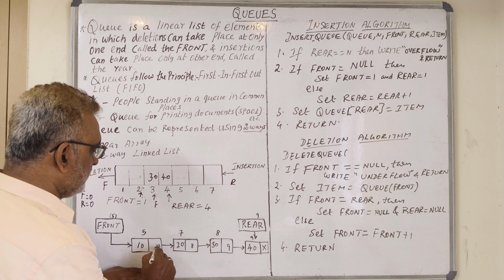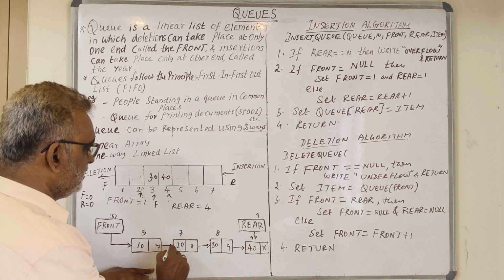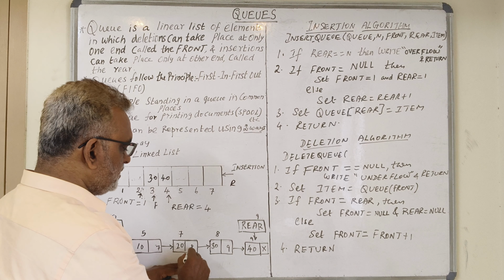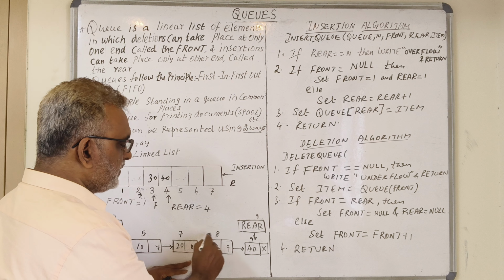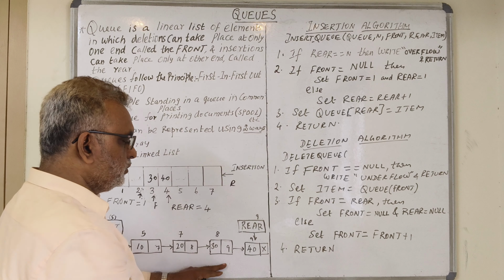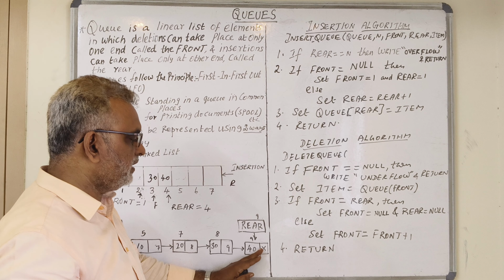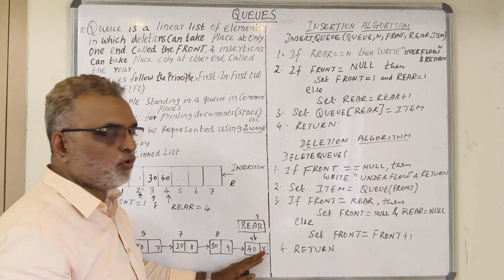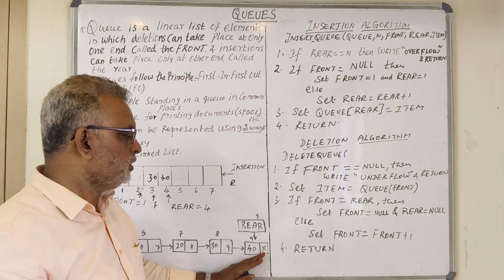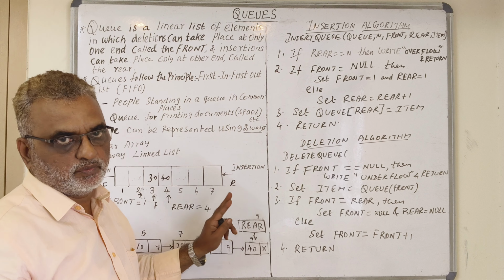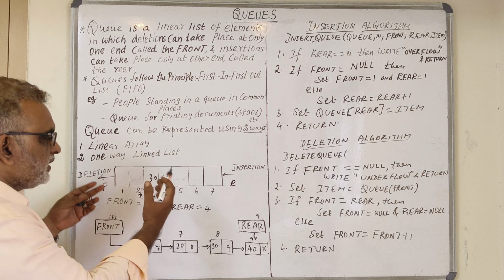At location 7, the second node is available, and it again contains a link part. This 8 gives the address of the third node, and this 9 gives the address of the fourth node. Finally we have the value x, which represents the null pointer, meaning no more nodes are available. The rear contains the address of the last node.